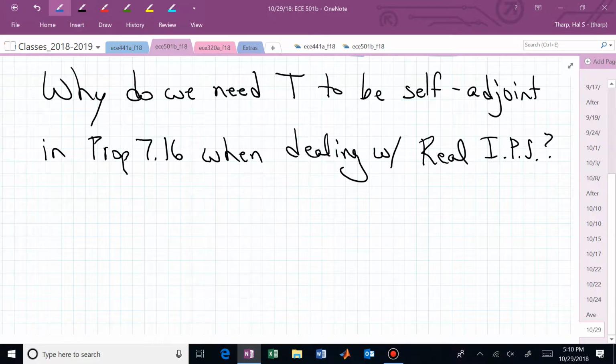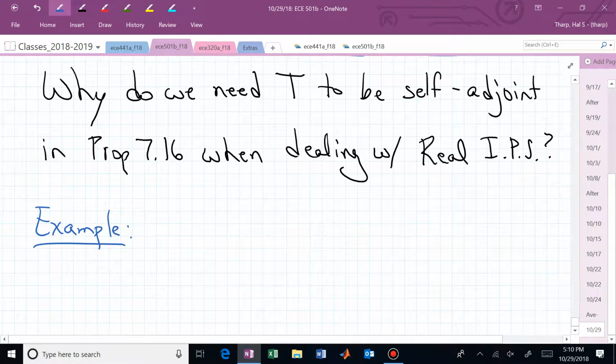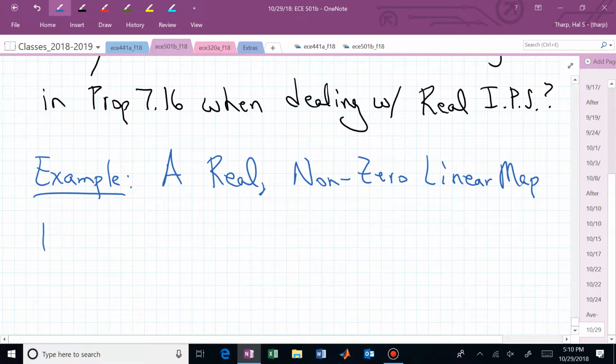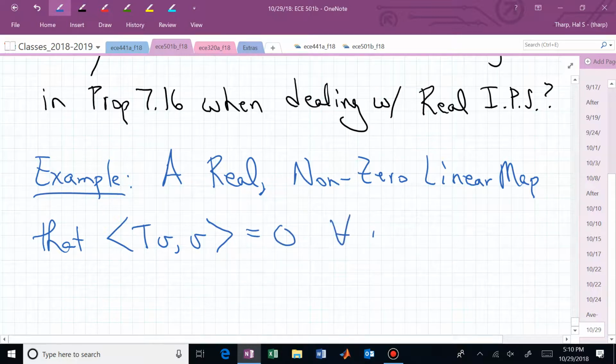So let me give us an example. A real non-zero linear map that has ⟨Tv, v⟩ equaling 0 for all v in V. If T was self-adjoint, then the only map T that would satisfy this would be the zero linear map.